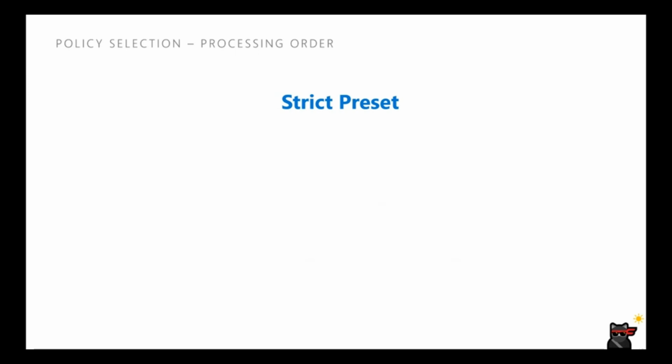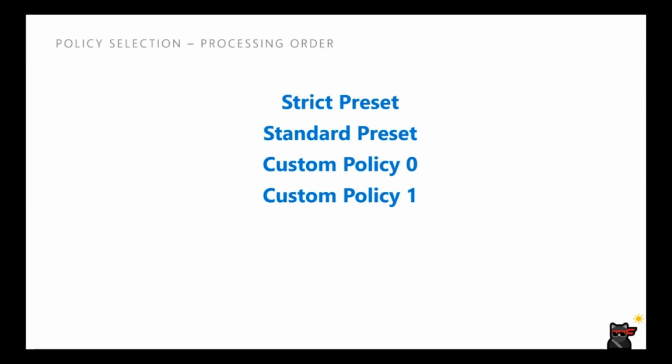Exactly. So we have the strict one that wins everything, and then the standard preset. So all of the presets win basically. And then the custom policy comes. Yep, the first priority for that, or the priority 0, and then 1, and then all of the others.